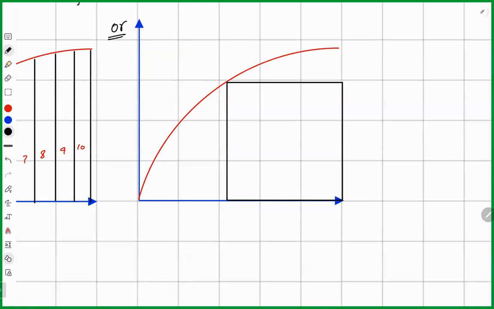Okay, we make a rectangle like this. Then we can make a small triangle like this. And then we can make another small triangle like this.